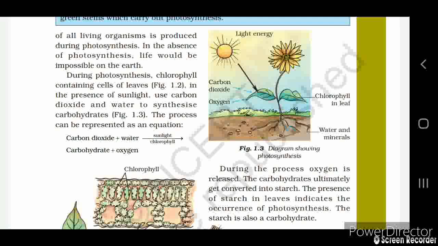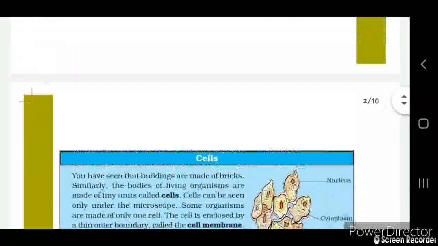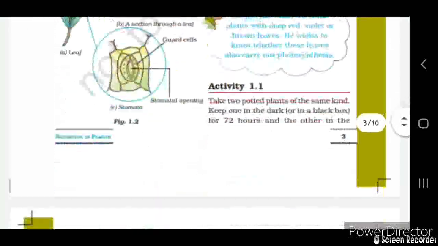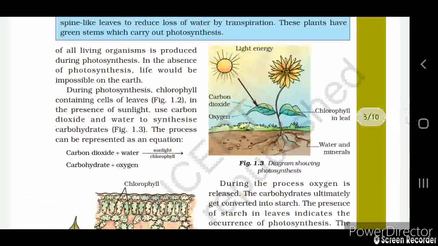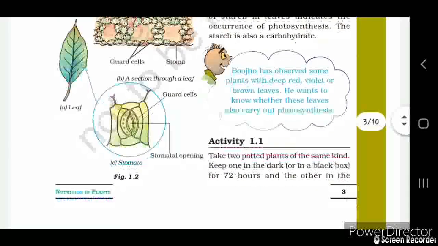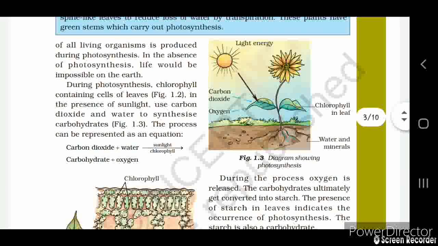In photosynthesis, chlorophyll containing cells of leaves, like you can see in figure 1.2, in the presence of sunlight, use carbon dioxide and water to synthesize carbohydrates.